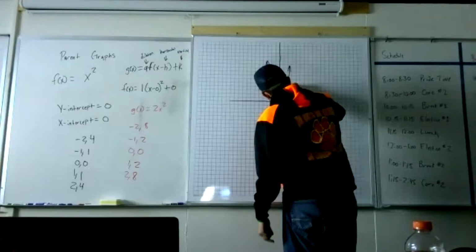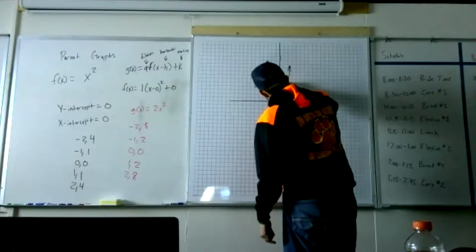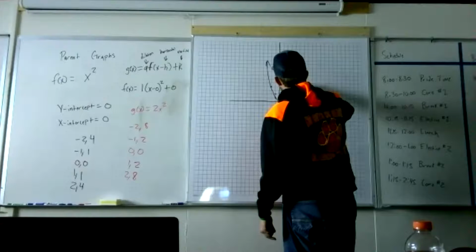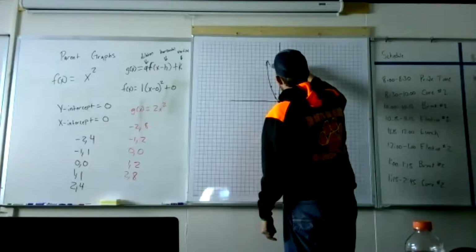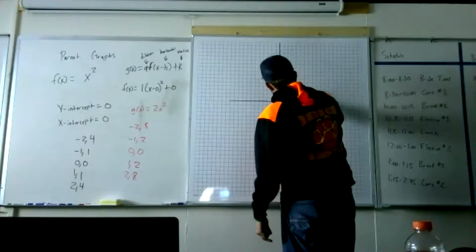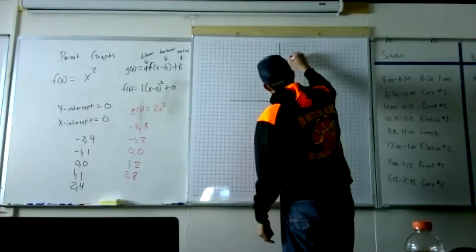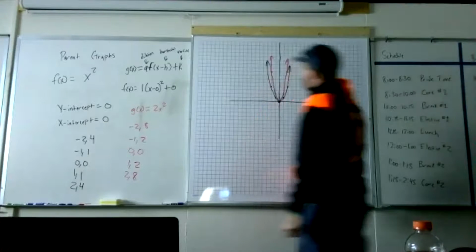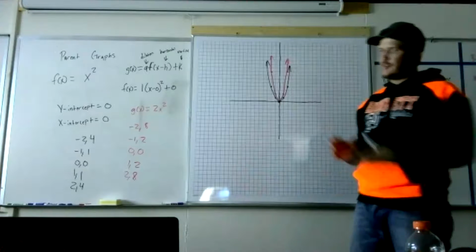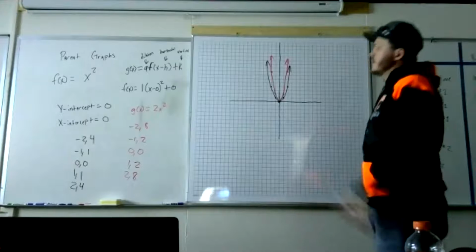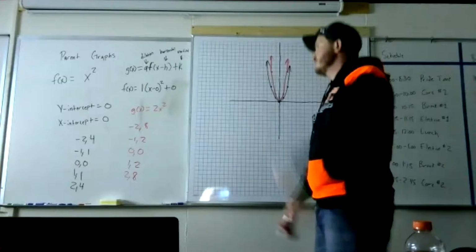So we're still at the origin, where we're going to be crossing through the points 1, 2, and then 2, 8. Okay, and you can see that our graph is a little bit skinnier on the red side. Okay, and that's because it's been expanded vertically.